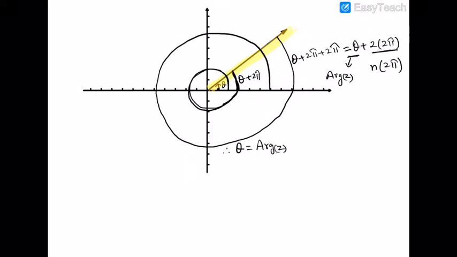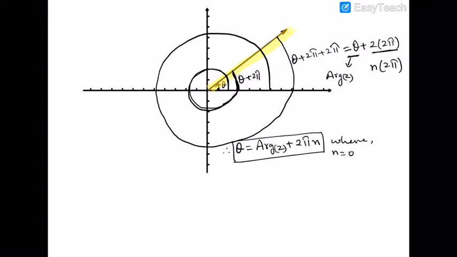So we can say that theta is equal to argument of z plus 2 pi n, where n is 0, plus minus 1, plus minus 2, plus minus 3 and so on.